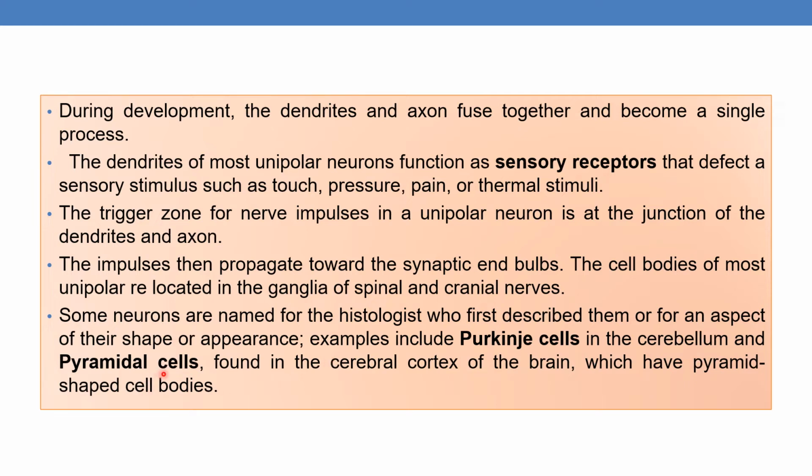And pyramidal cells found in the cerebral cortex of the brain have pyramid shaped cell bodies.